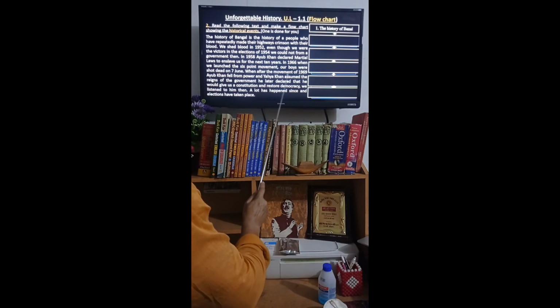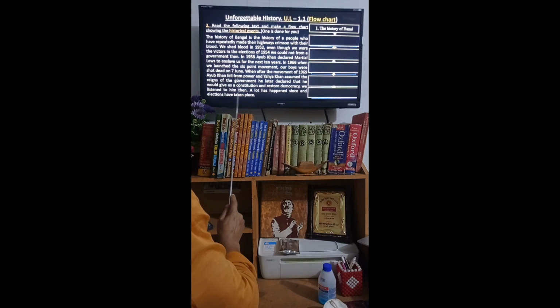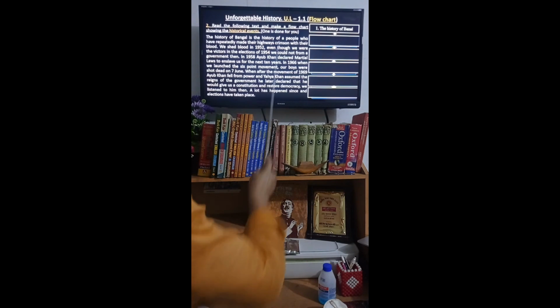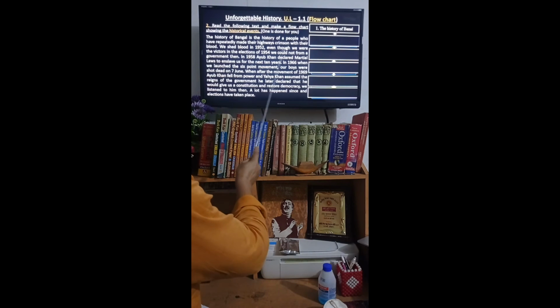He later declared that he would give us a constitution and restore democracy. We listened to him then. A lot has happened since the election took place.